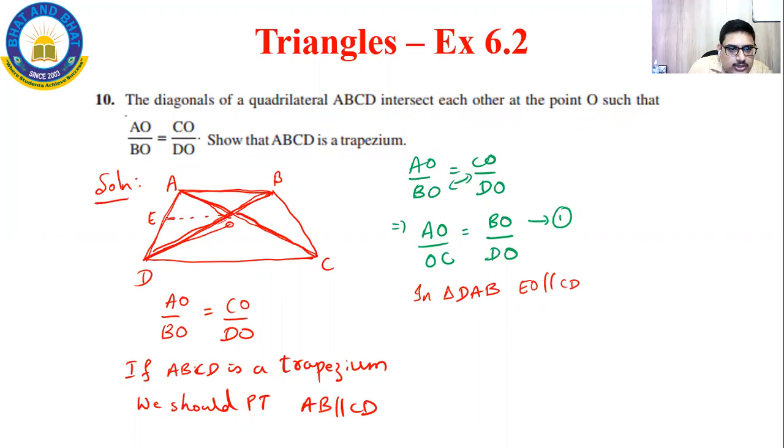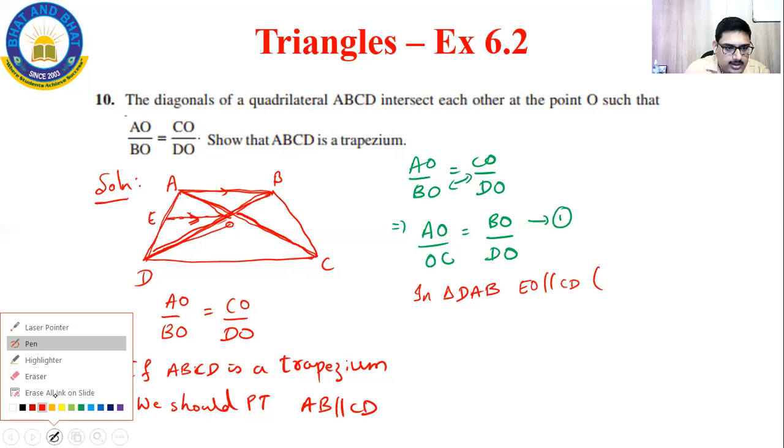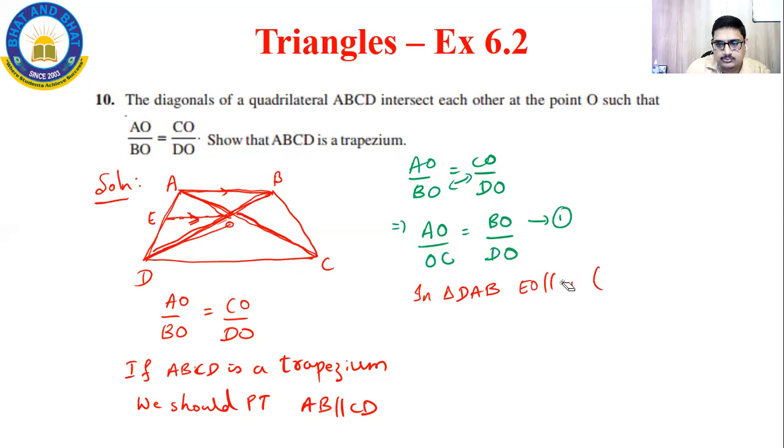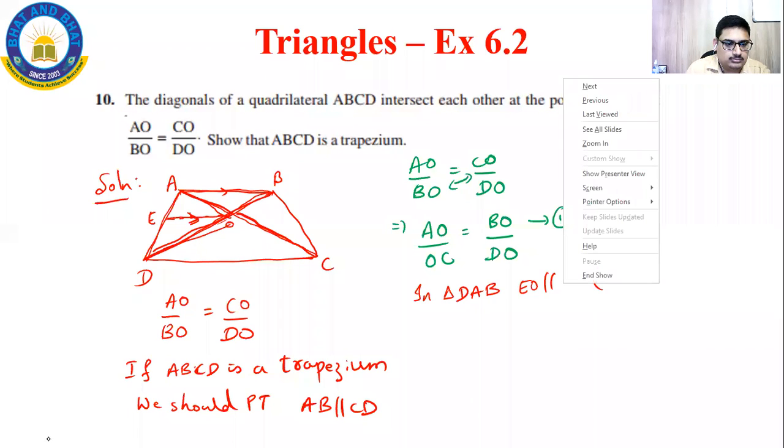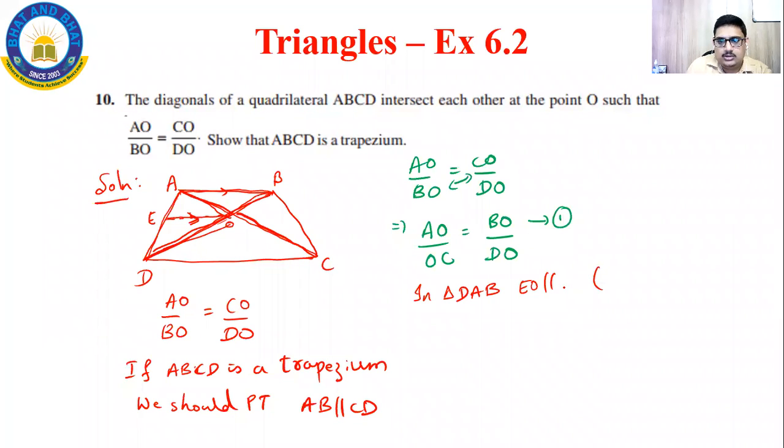This is what I have considered, students. Why is EO parallel to AB? Sorry, not CD, I have to write it as AB. Why? Construction.